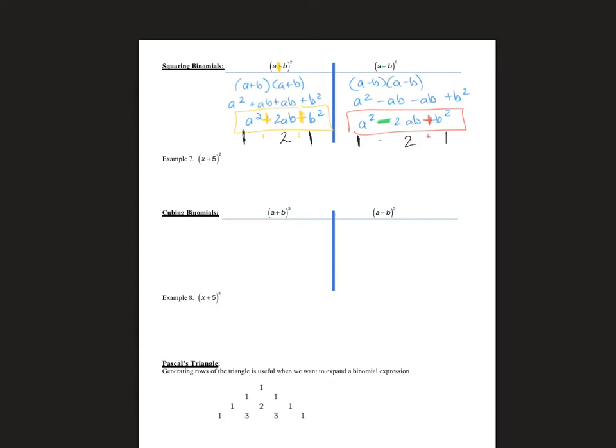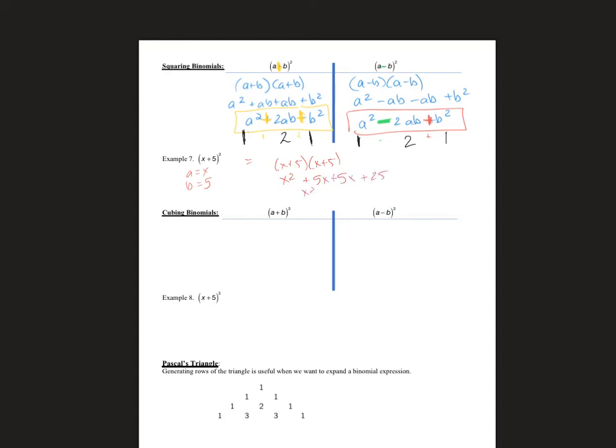In this case, I can identify A and B again if I wanted to. I could say A is x, B is 5. So I could go ahead and just substitute A and B in there and check it by FOILing. See if it works. It should. Plus 5x plus 5x plus 25.